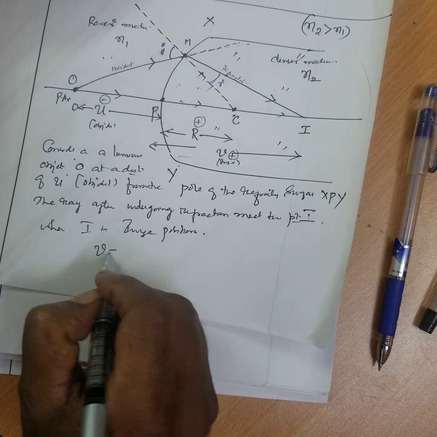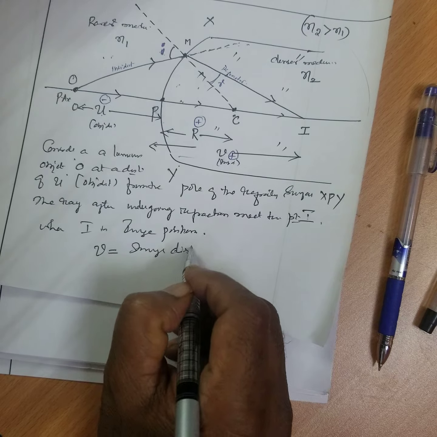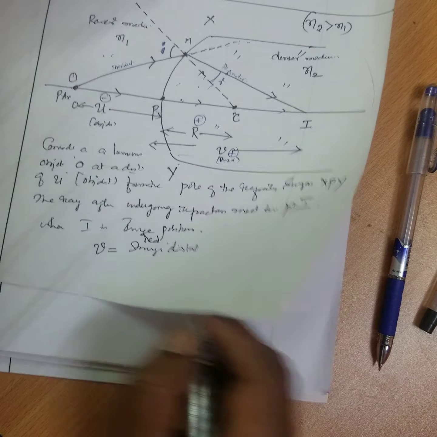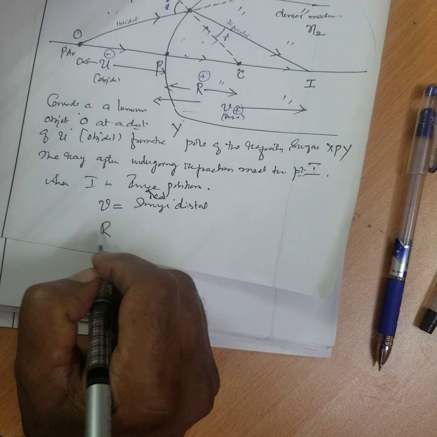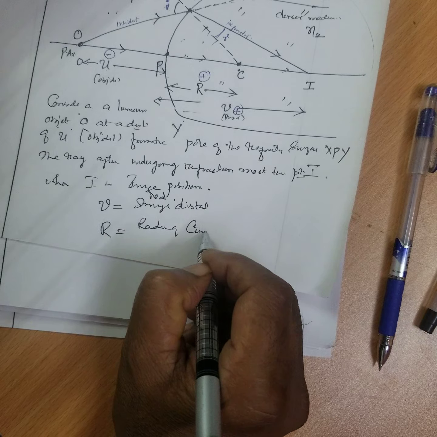And v is equal to the image distance. That is called the real image distance. And R is the radius of curvature.